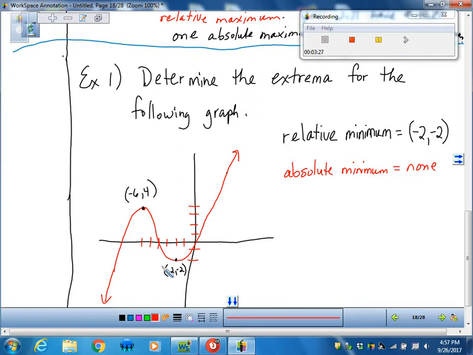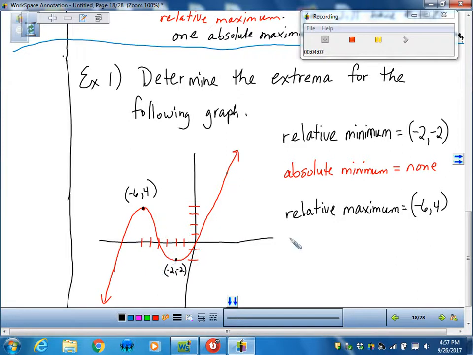Now I'm going to go figure out my relative maximum. My relative maximum is the point -6, 4, because in this particular area of the graph, -6, 4 is the highest point. It's at the top of a mountain.